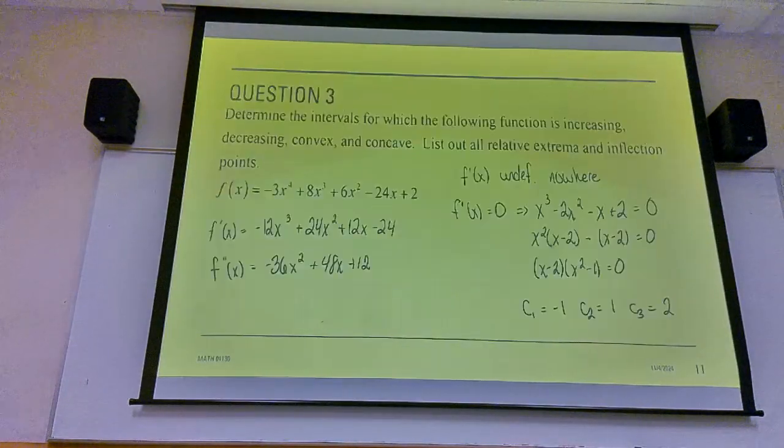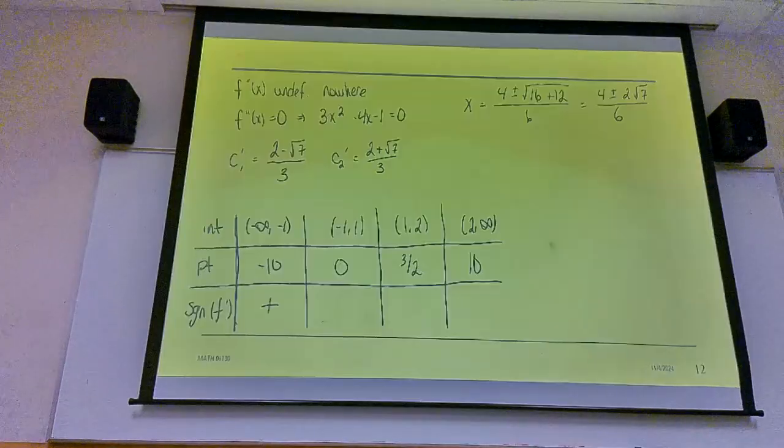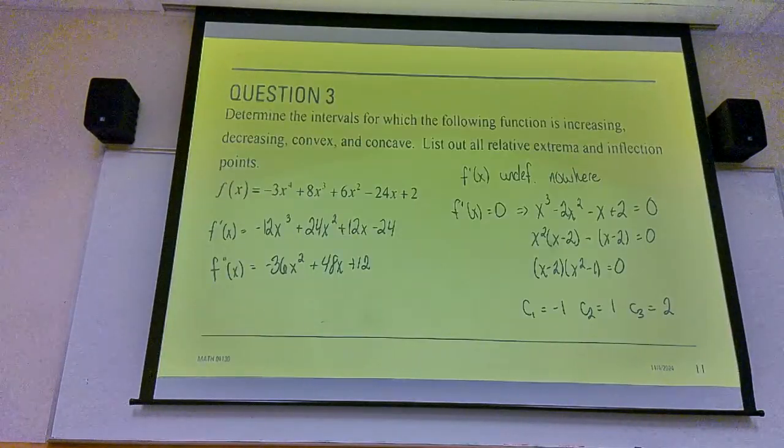Go back to f prime. Negative 10. Is positive. Zero. 3/2.